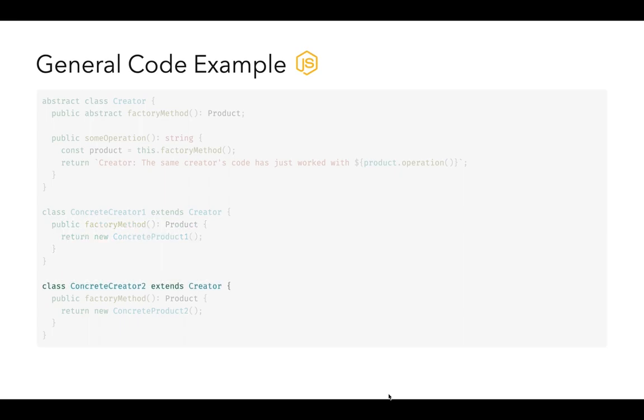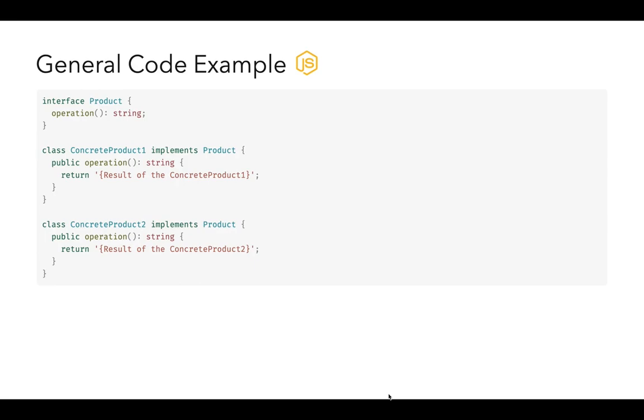Similar to the concrete creator one, we have the concrete creator two extending the creator parent class and overriding the factory method. And then we have the product interface, which has the operation method. And the concrete product one implements the product and overrides the operation method, similar to the concrete product two.